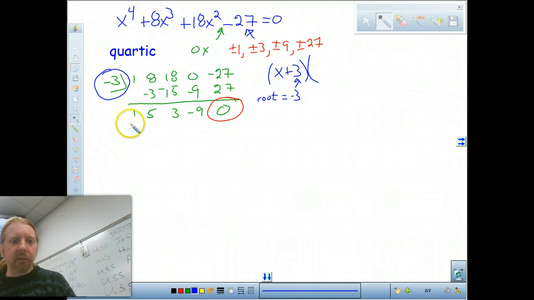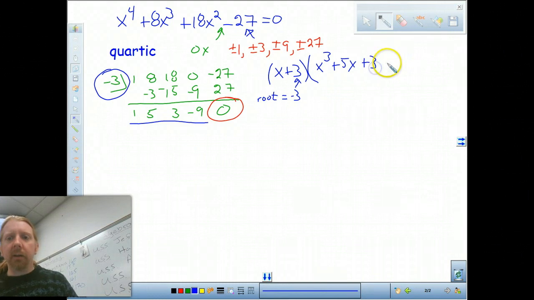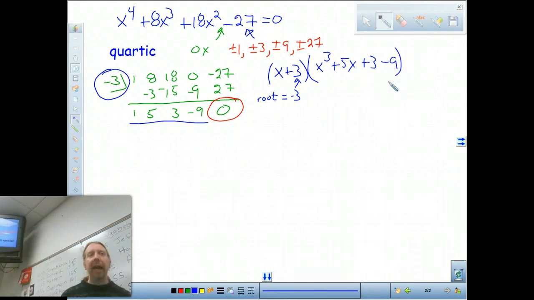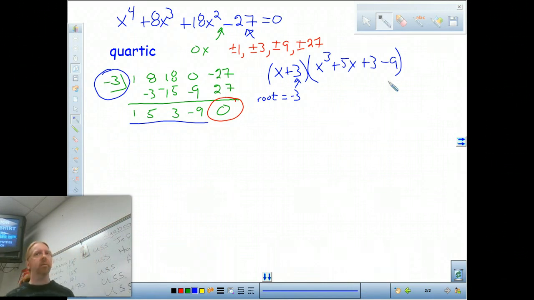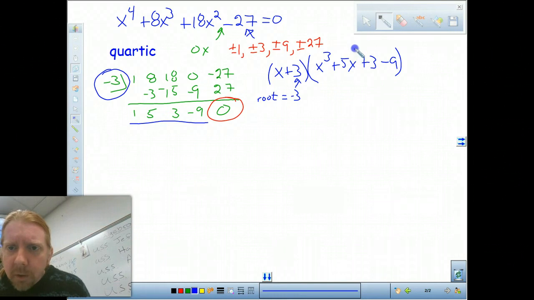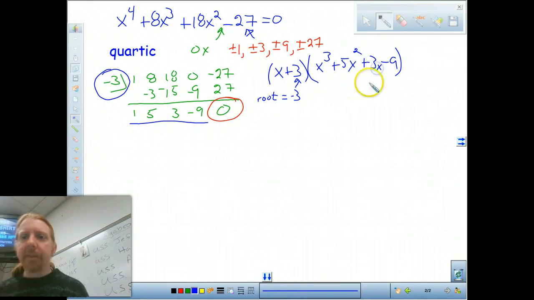So since I know this worked out, I can write x cubed plus 5x plus 3 minus 9. And the other advantage, I don't need to worry about testing 27 now. Where's the x root? Oh, good call. They're there.